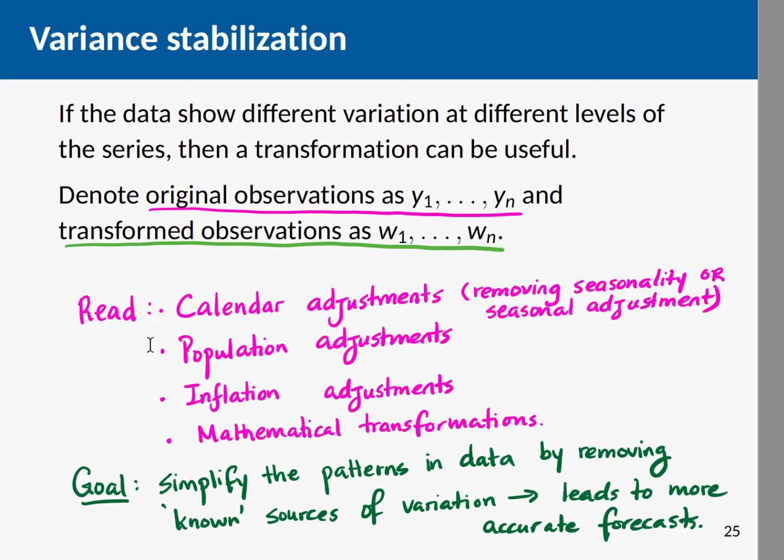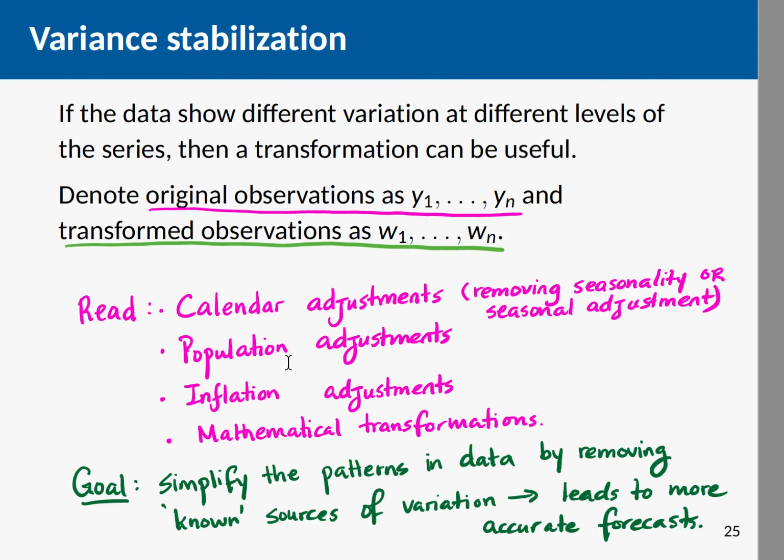The other type of adjustment or transformation is called population adjustment. Sometimes when you're looking at the GDP of a country, that can be heavily influenced by the size of its population. So you want to always look at GDP per capita or GDP per population.